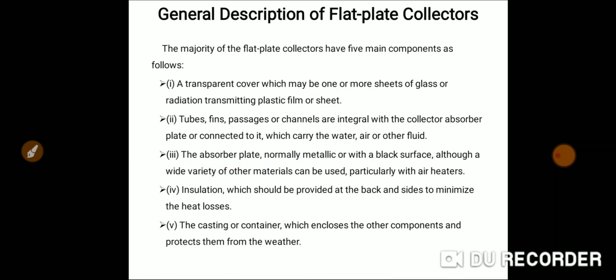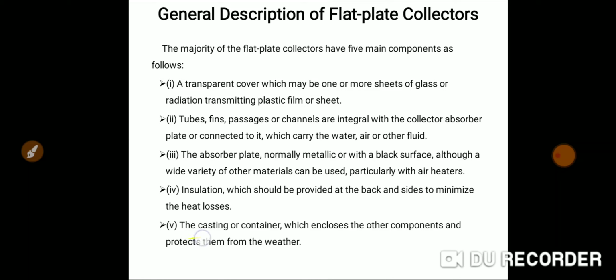So insulations are provided in the bottom side of the box and to the sides of the box so that the solar heat will not leave from inside of the box.